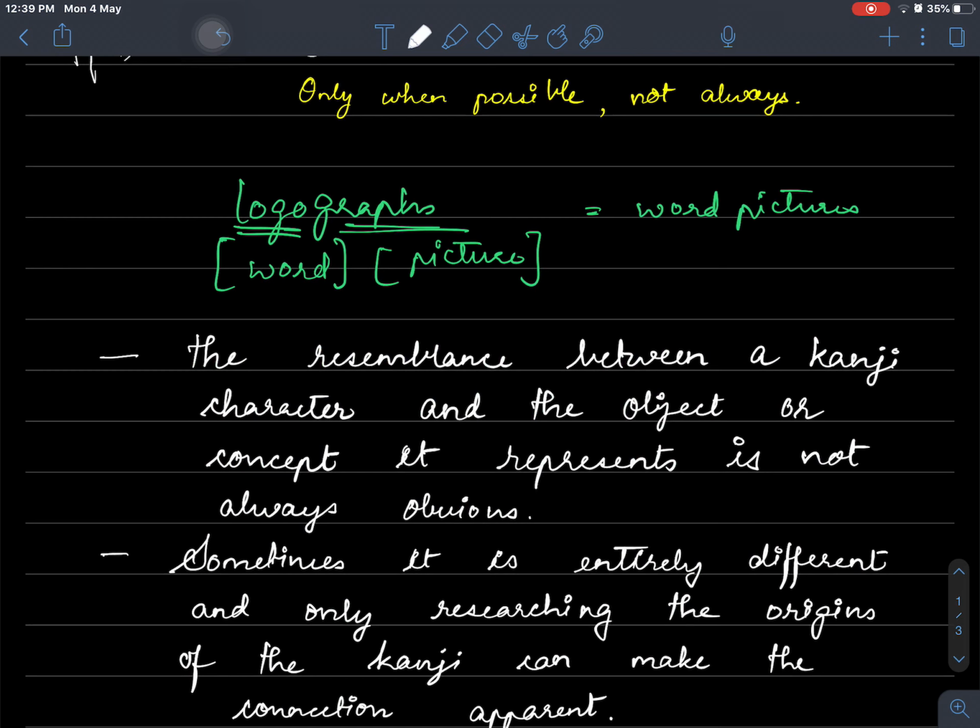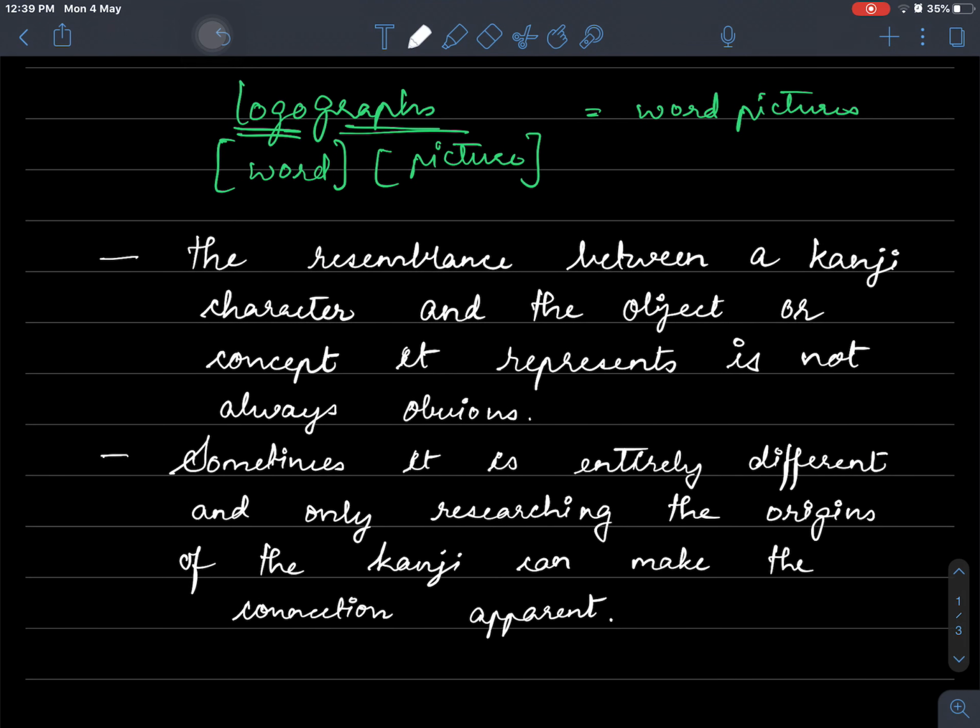Now, one last thing, each of the kanjis, that is logographs, a word that I briefly mentioned yesterday, do not necessarily resemble the thing, the concept that they're supposed to represent.